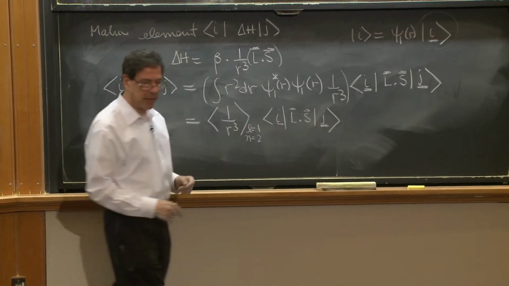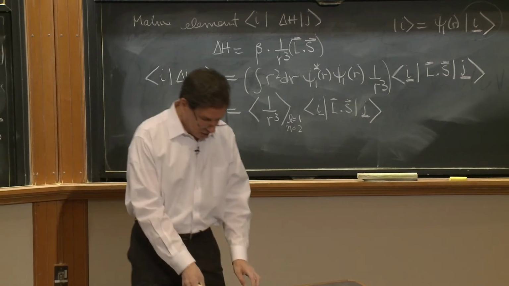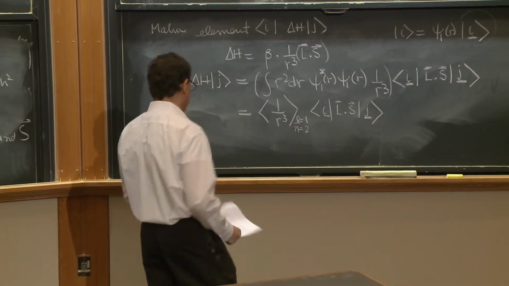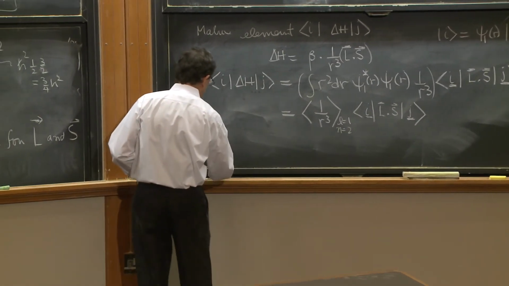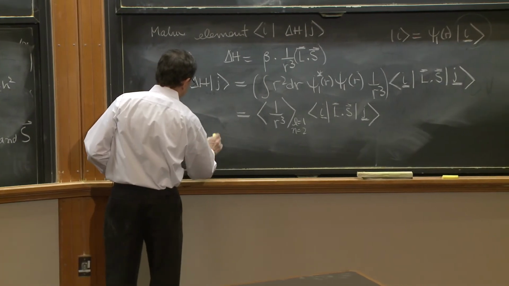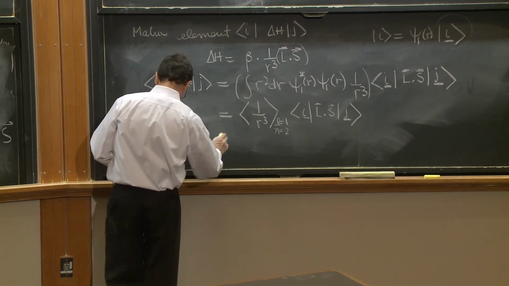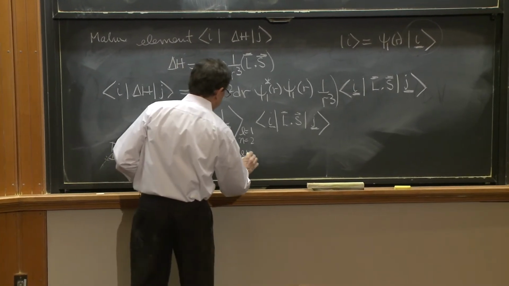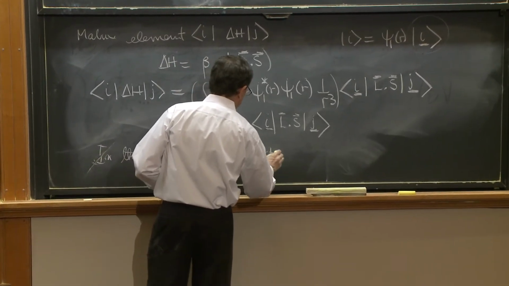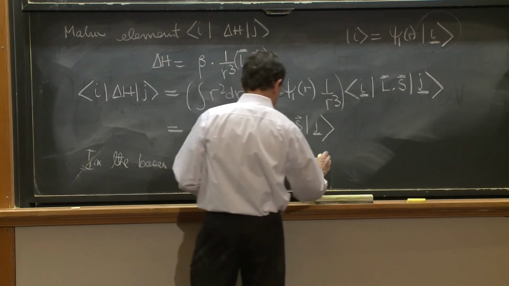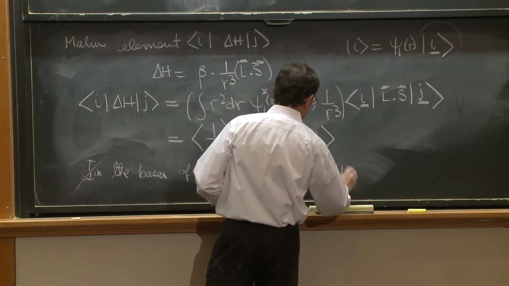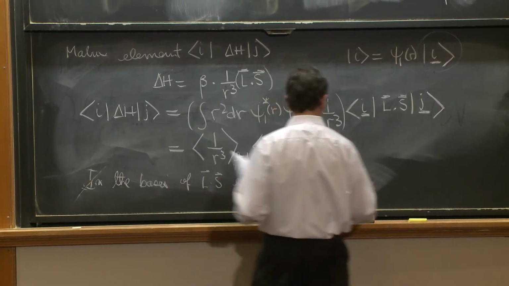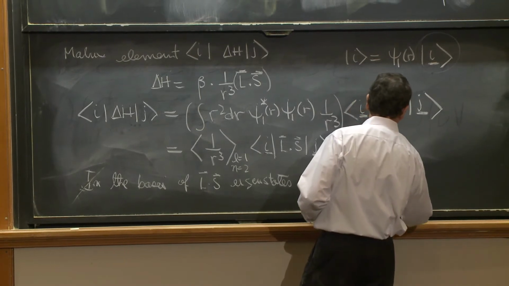This number will be the energy corrections. So I could say here that in the basis of L dot S eigenstates this expectation value of δH is diagonal.